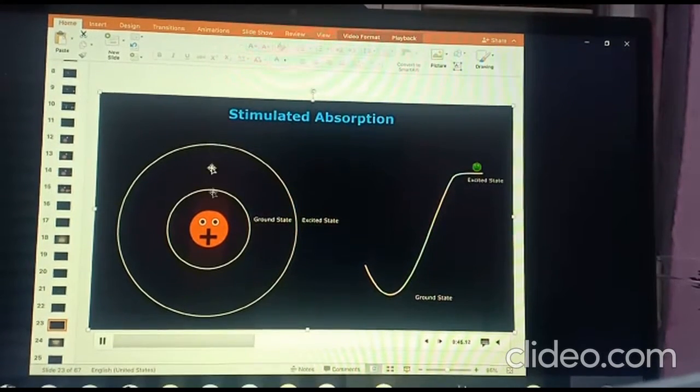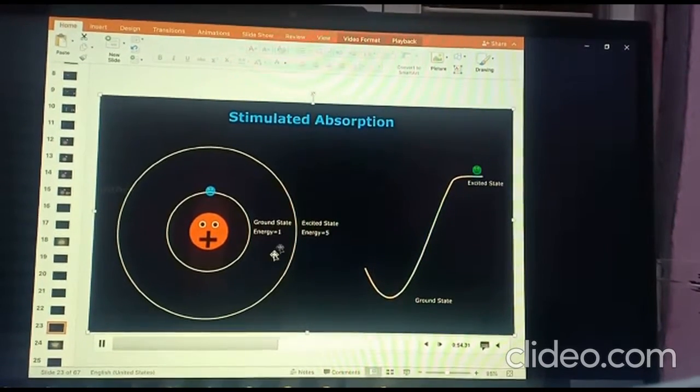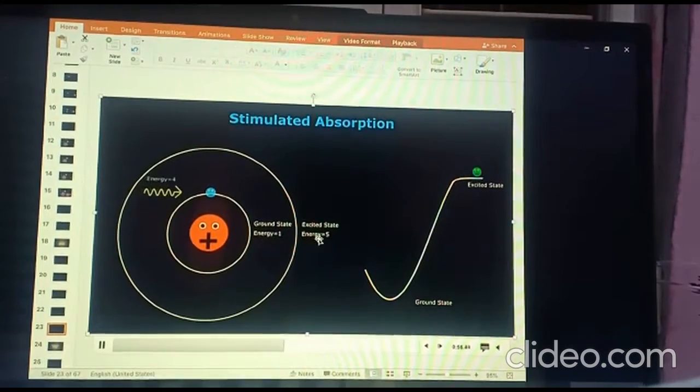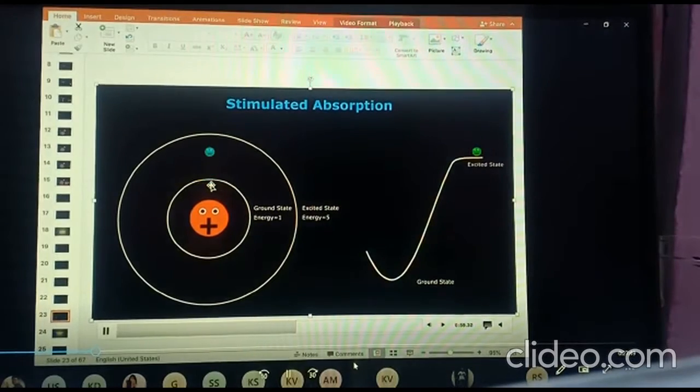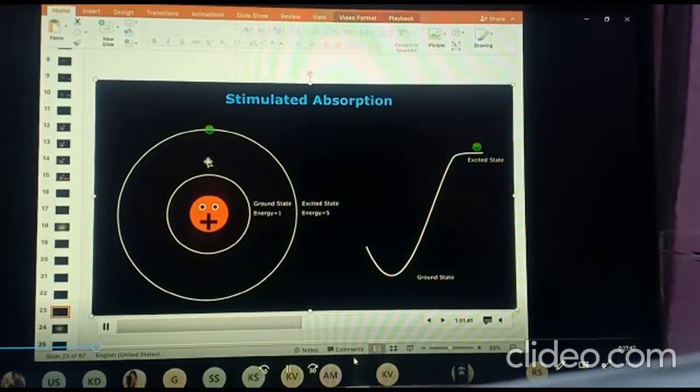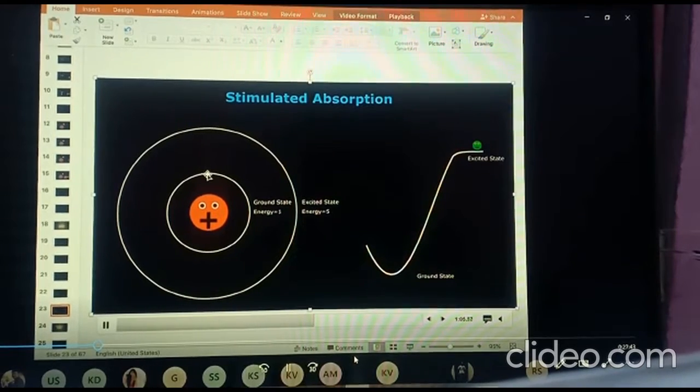Okay, so the photon that we are having should have the same energy as the difference between the excited and the ground state. If the energy is less, then it will not reach. So the photon should have the same energy difference between the excited and the ground state energy levels. Then only it will reach the excited state.